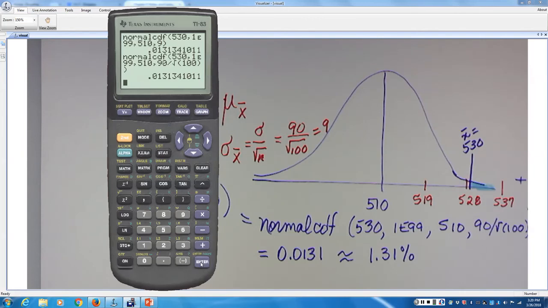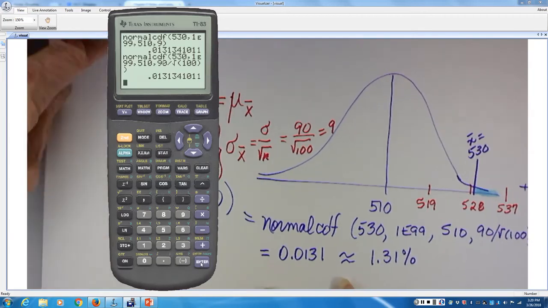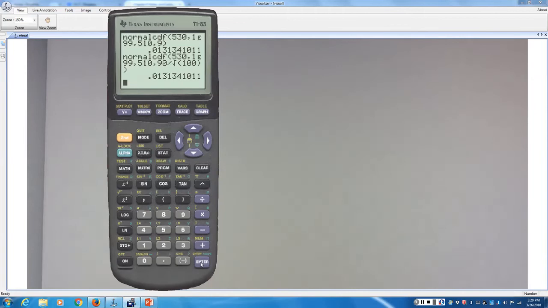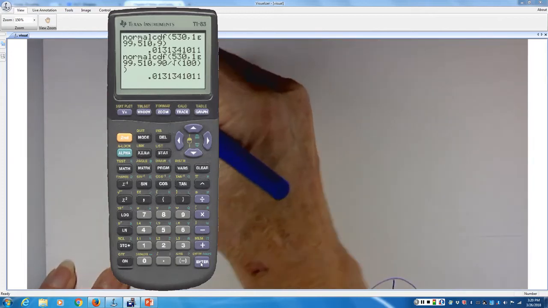Now I'm going to try to recast that problem with the same basic information into a problem like we would do in this chapter and show you how we would do it using the methods out of Chapter 6. So using that same information, we know that the mean of the population is supposed to be 510.